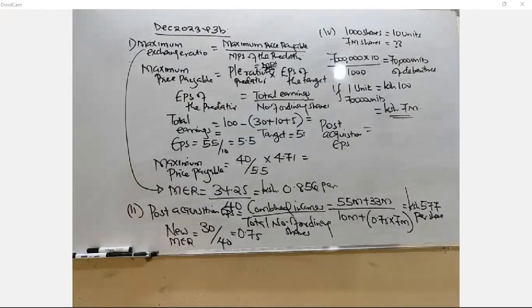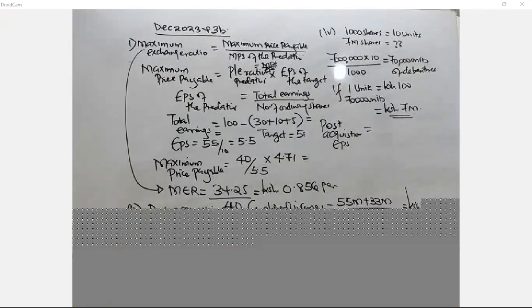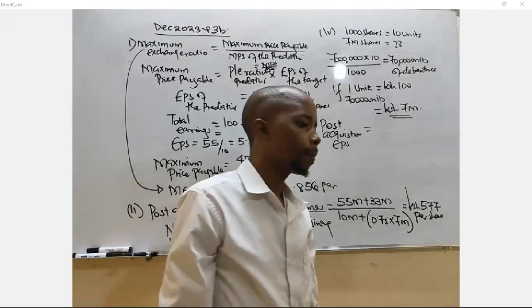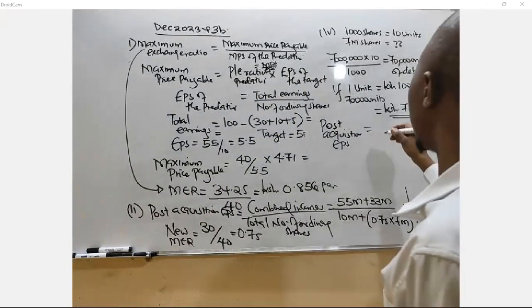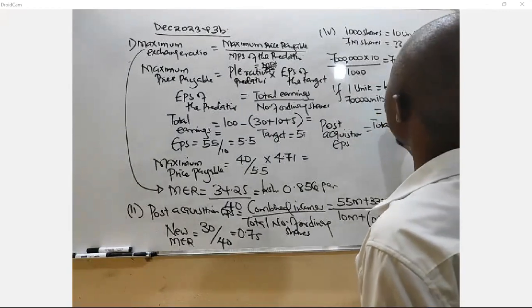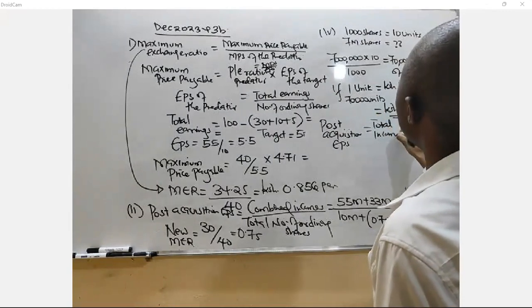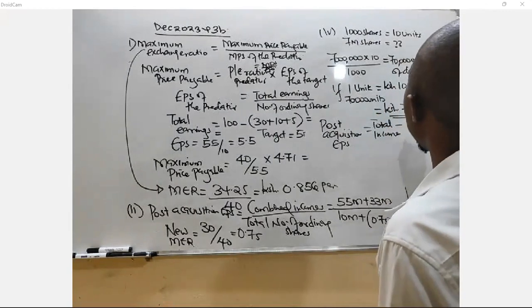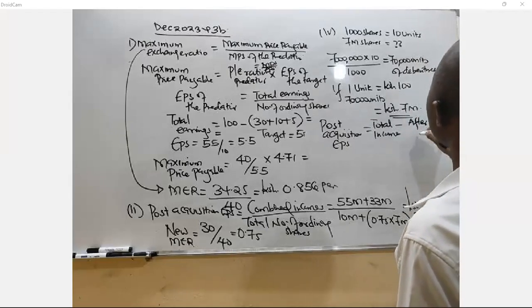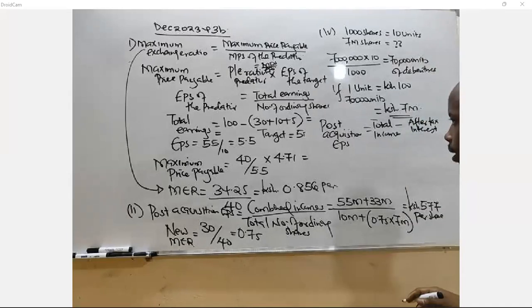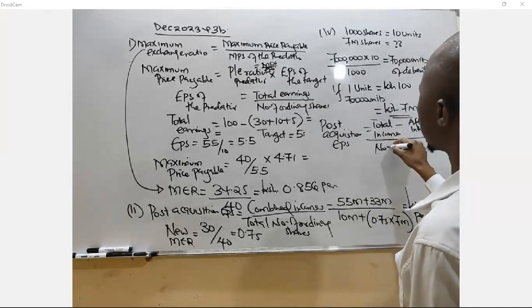So if you want to get this, you take the total income, you minus the interest after tax, then you divide by the number of ordinary shares.